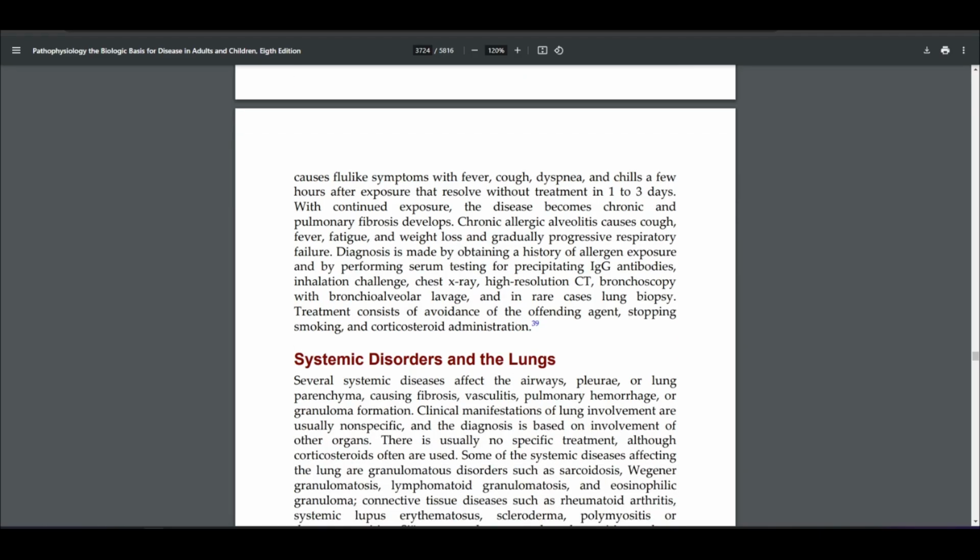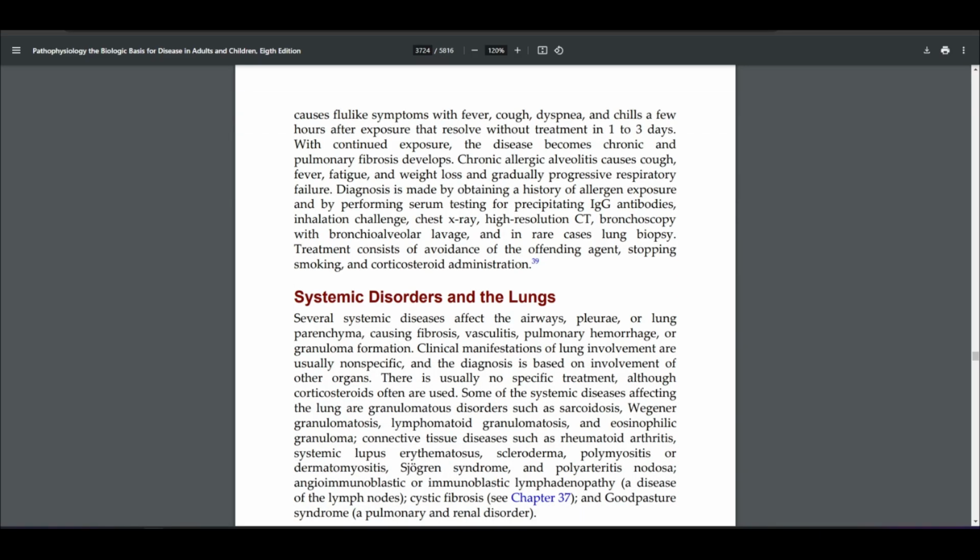The acute form causes flu-like symptoms, such as fever, cough, dyspnea, and chills, a few hours after exposure that resolve without treatment in 1 to 3 days. With continued exposure, the disease becomes chronic and pulmonary fibrosis develops. Chronic allergic alveolitis causes cough, fever, fatigue, and weight loss, and gradually progressive respiratory failure.